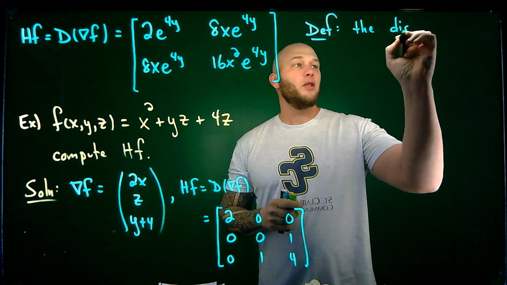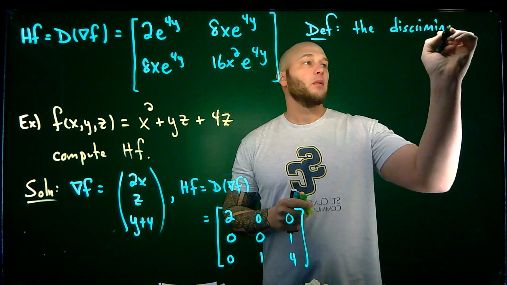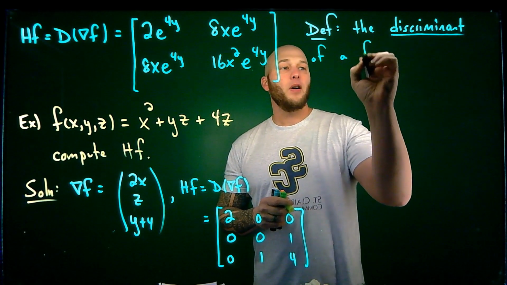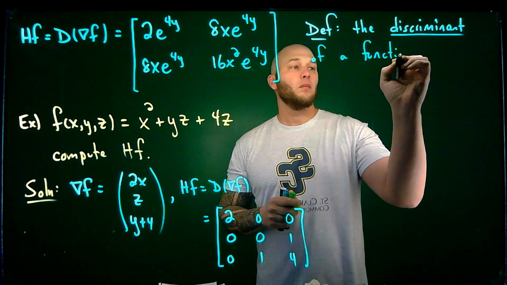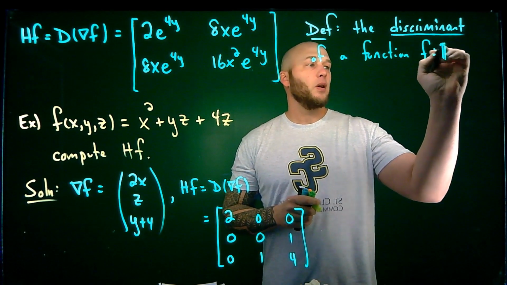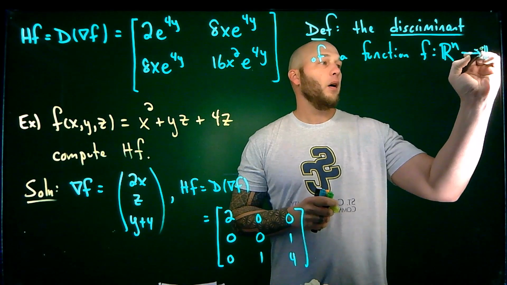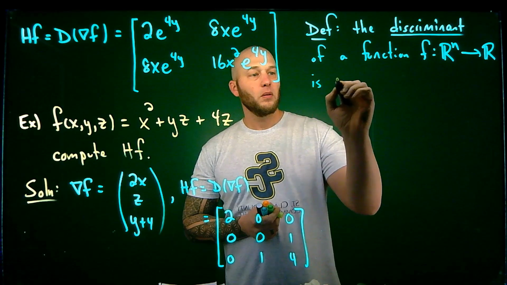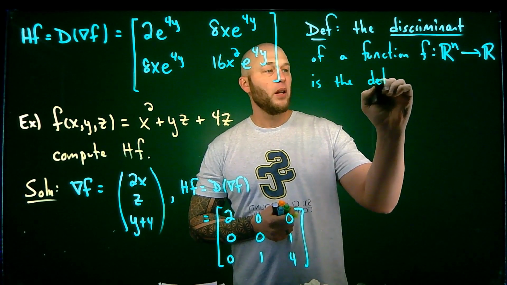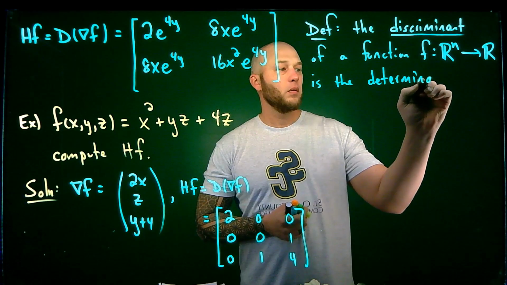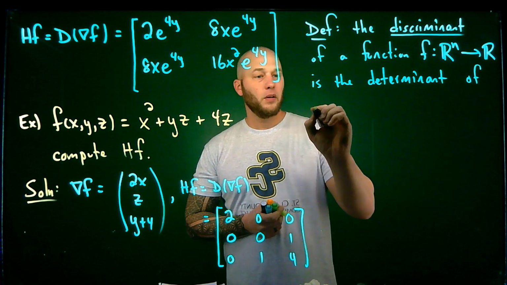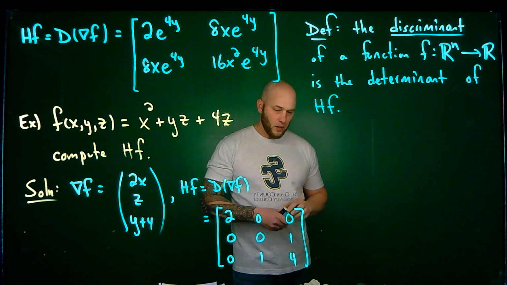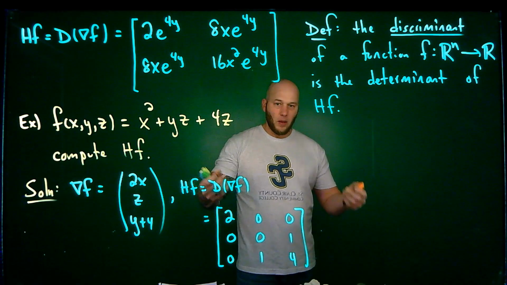The discriminant of a function f which takes, say, Rn to R, is the determinant of its Hessian.